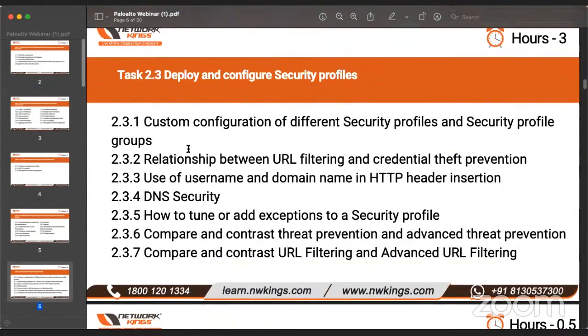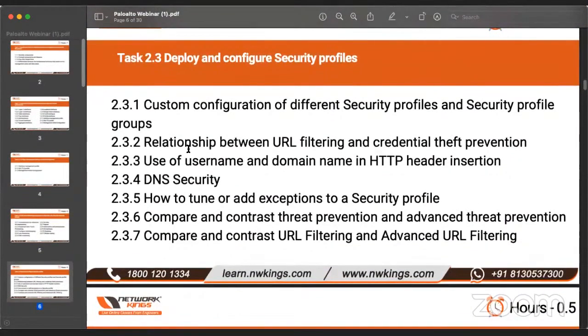Then moving on, it's a big topic: we have to walk through different types of security profiles. In Palo Alto, security profiles are basically the heart of the IPS functionality.